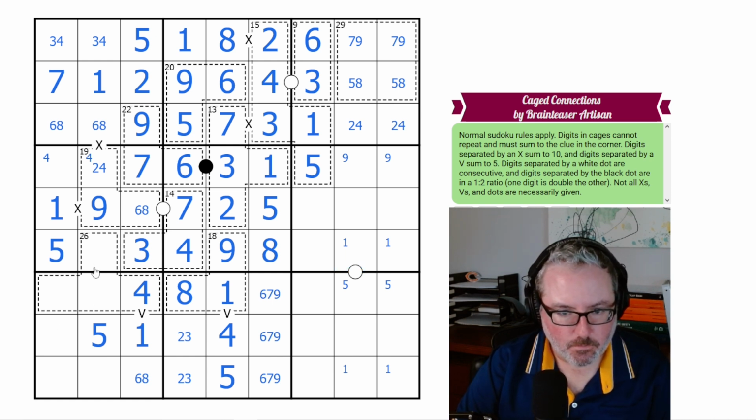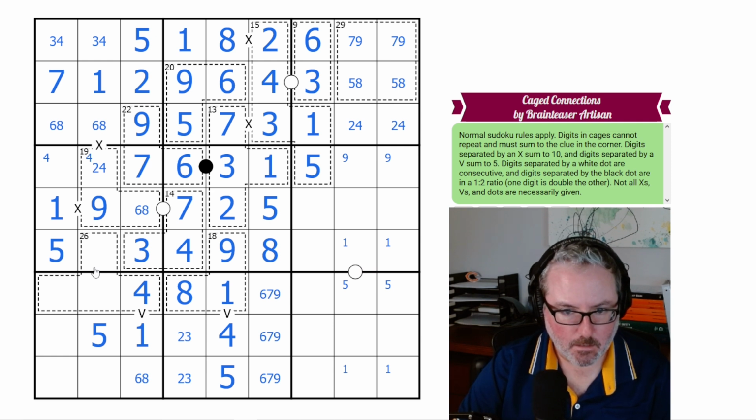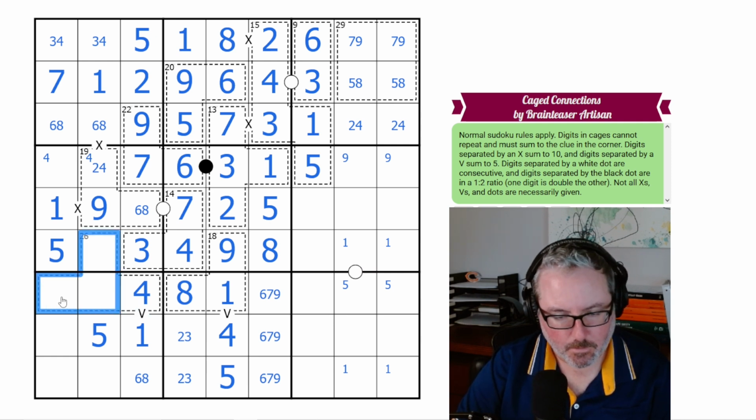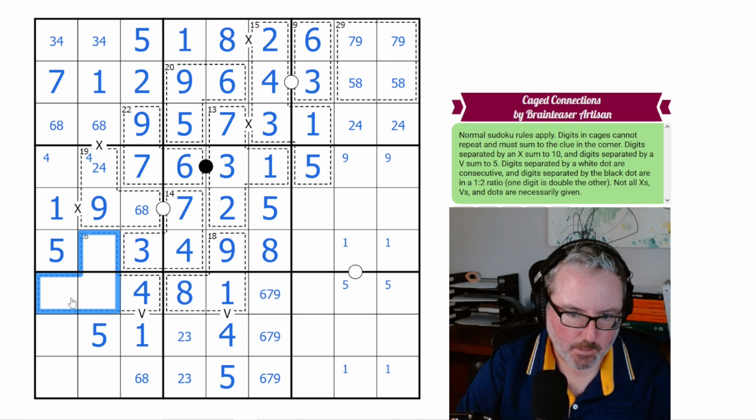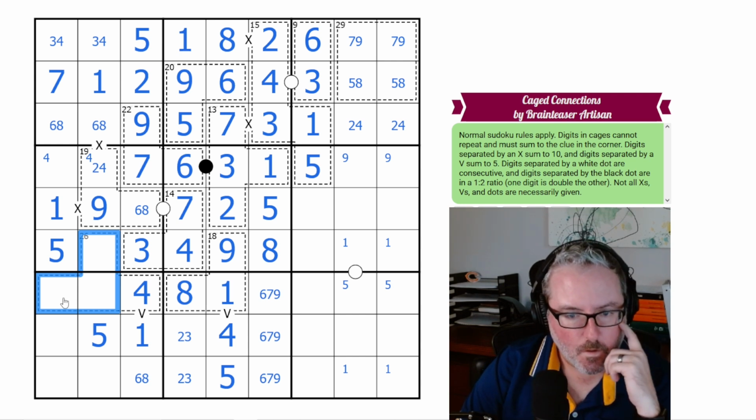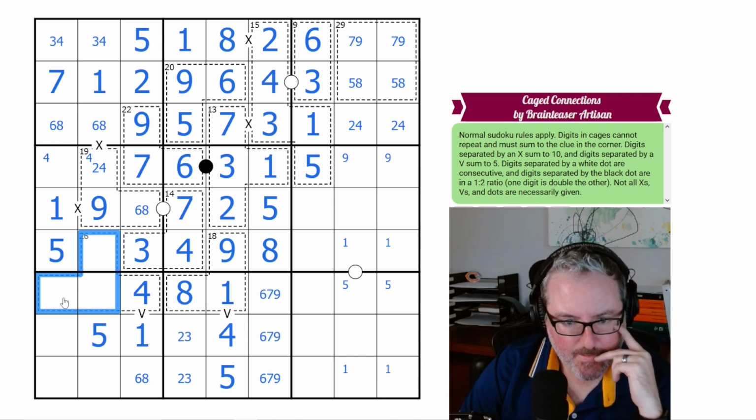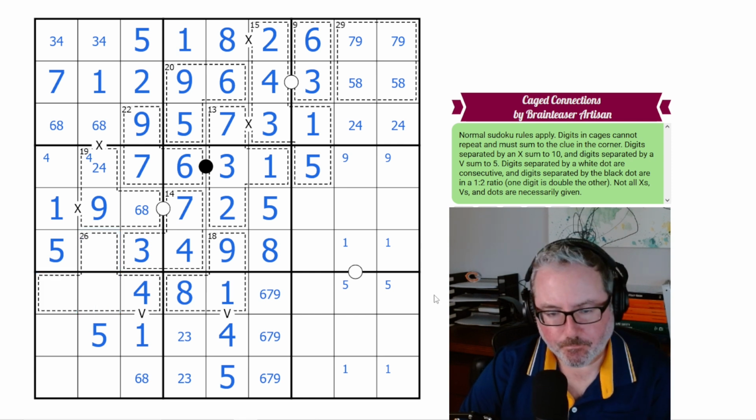So let's continue, if we can, maybe with our 26 cage. So I know we have 22 left. We could very well have a 9 in it. Which would leave options.